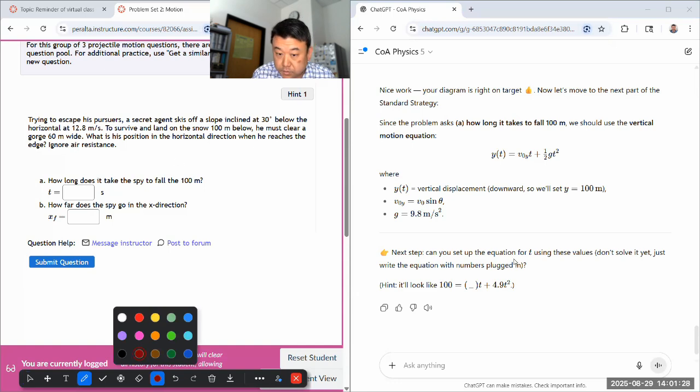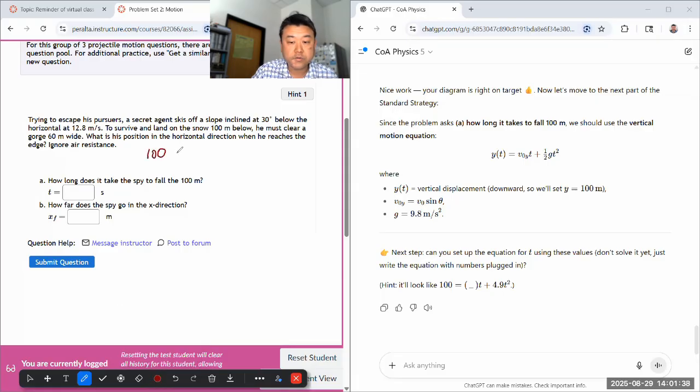So you're trying to set up the equation using this. It'll look like this. So let's say you are trying to follow that, and you wrote down 100 is equal to, and let's say here you made a mistake. You didn't use the y component, you accidentally used the x component.